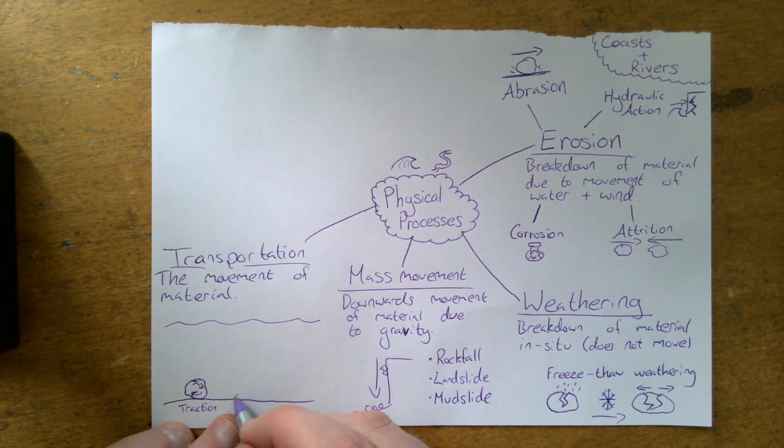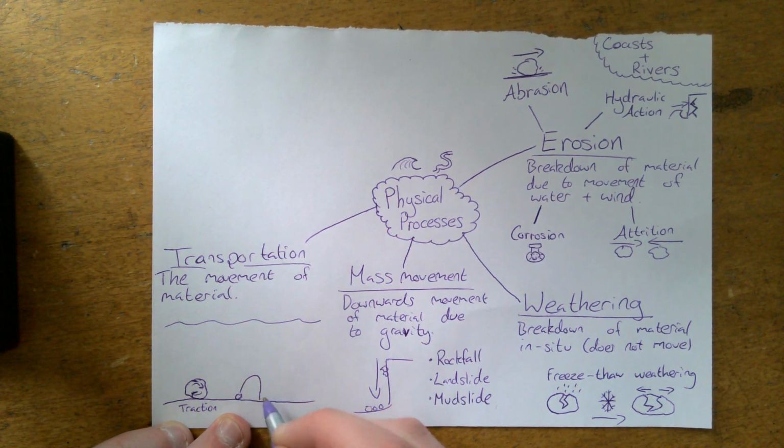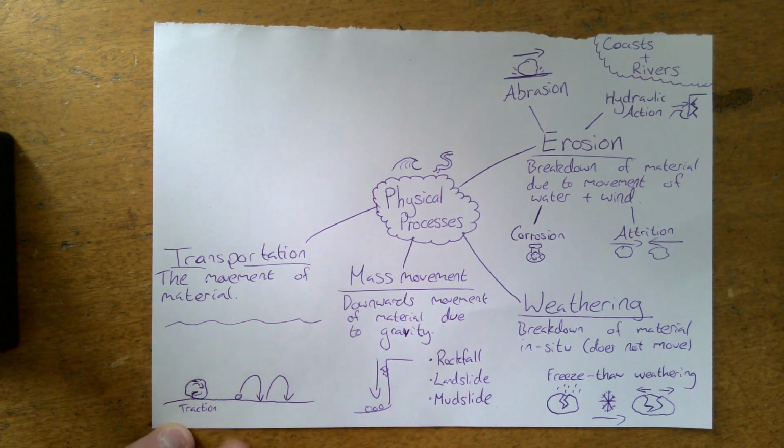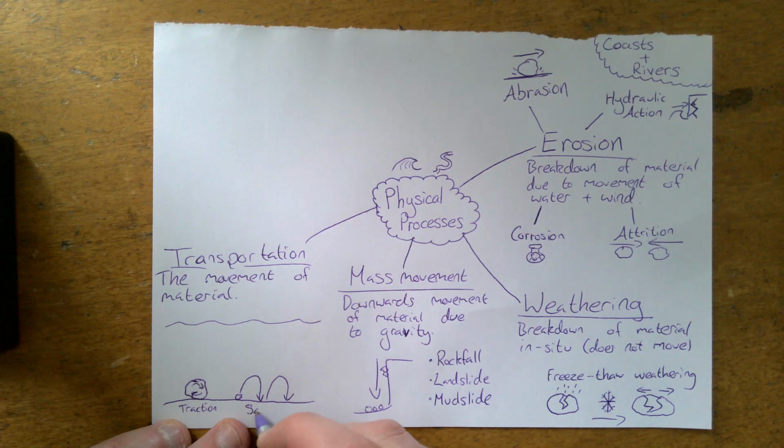Smaller bits of rock, like this, are going to bounce along the bottom, because they're a little bit smaller. They can be lifted by the wave or the river. This is what we call saltation.